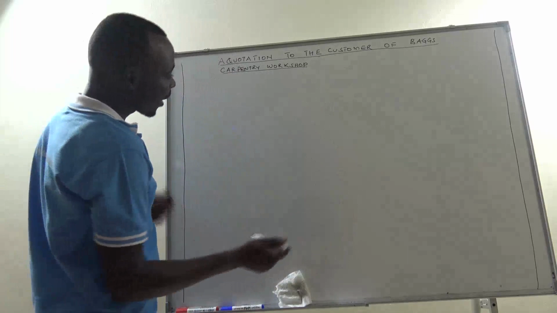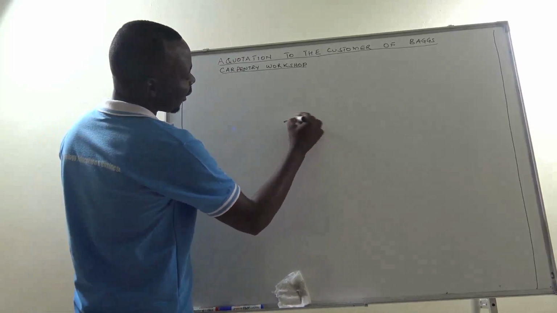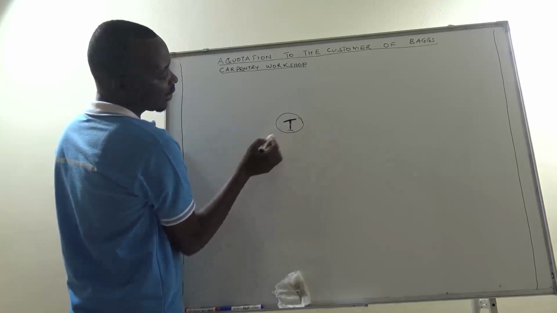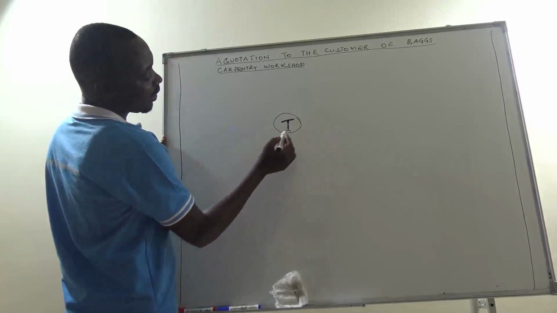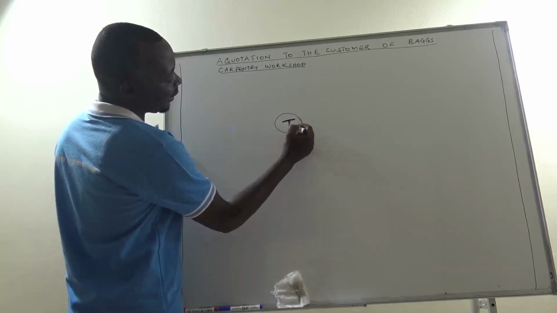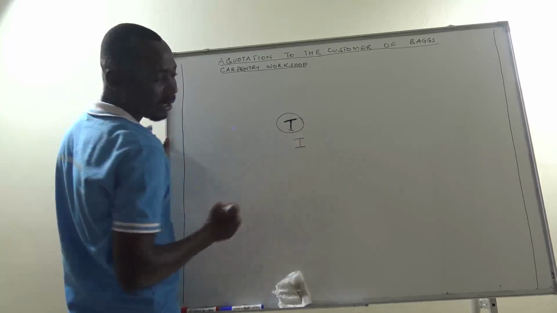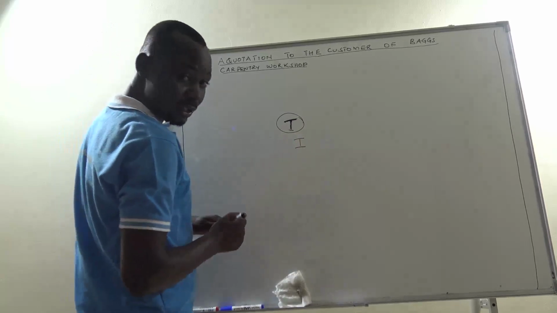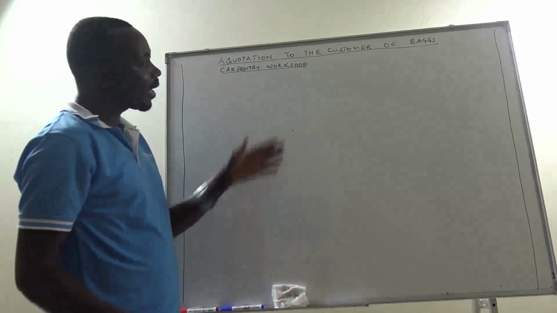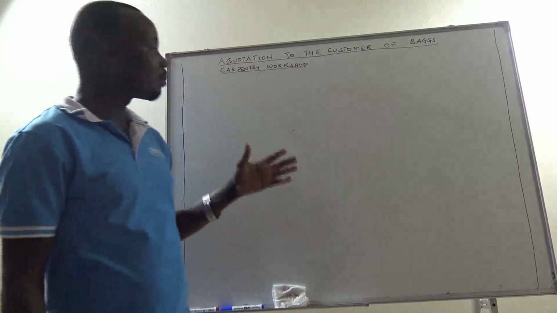For example, how do you write letter T like this, and you try to show that it is bolded? When you do it like this, it means your work is untidy. So if you want to show that your letter T is in this form, you write your T and underline it. So the underlining means we are bolding. For this matter, we underline our heading to show that our heading is bold.